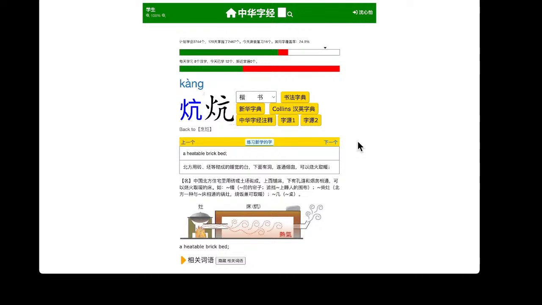Okay, so this thing is called kan. The brick bed part of it is called kan. Okay, so it looks like illustrated here. And this is very, very comfy, very toasty.